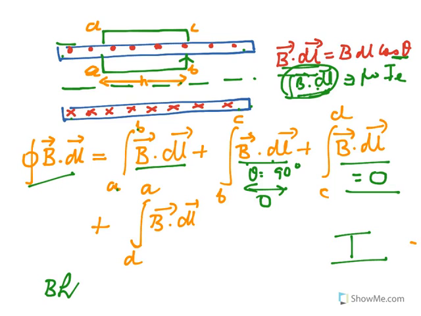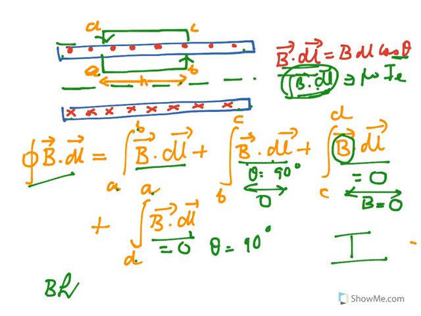Here this is equal to 0 because for an ideal solenoid, the external magnetic field is considered to be 0. The fourth integral from D to A is also equal to 0 because here again the angle between dl, that is DA, and B is equal to 90 degrees.